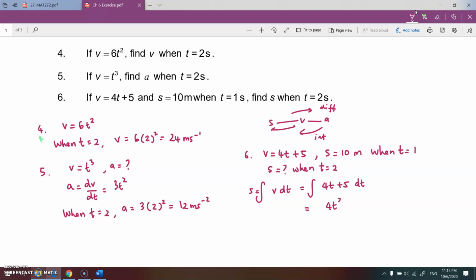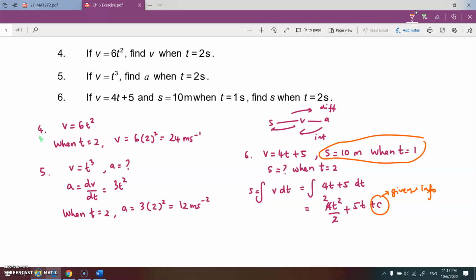So you get 4t squared divided by 2, plus 5t, plus c. This one you can simplify, it becomes 2t squared. Now you have plus c. For c, you must use the given information in the question. So what is the given information?